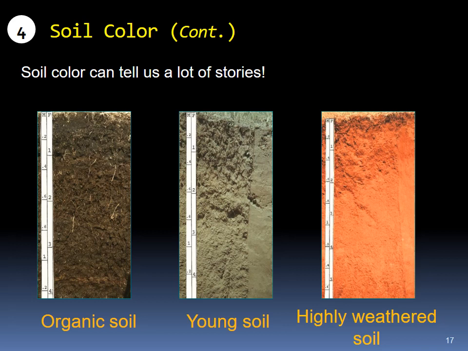The third profile is red in color, and this profile is basically in a well-drained soil, and because of this, the iron in it was oxidized and turned into this red color. So it tells us about the aeration and the degree of weathering.